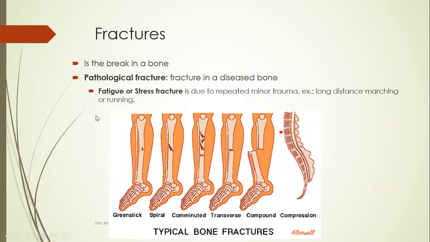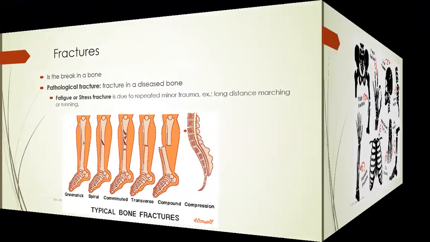It usually happens in elderlies. Here we have this chart showing us the typical bone fractures, the most common: the greenstick, the spiral, comminuted, transverse, compound, compression, okay? All of this, we all know this classification from med school, so let's go.